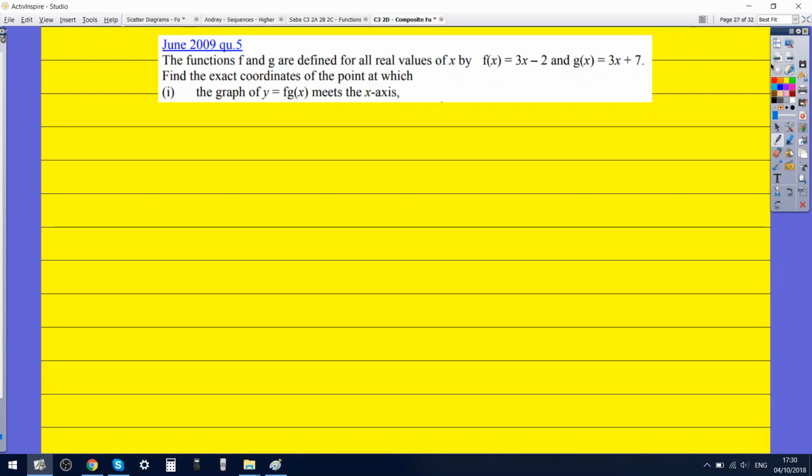Let's see the graph of this. Find the exact coordinates. Okay, let's try this one. The graph of y equals f(g(x)) meets the x-axis. Find the exact coordinates of the points at which the graph meets the x-axis. So put 3x plus 7, minus 2.